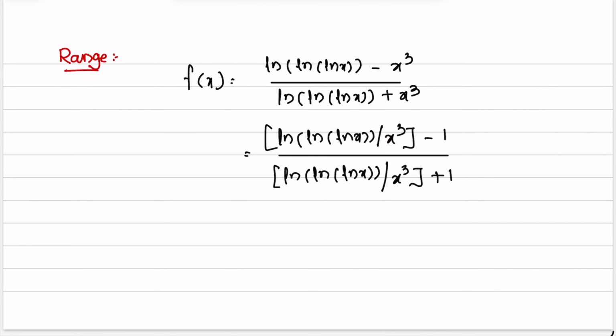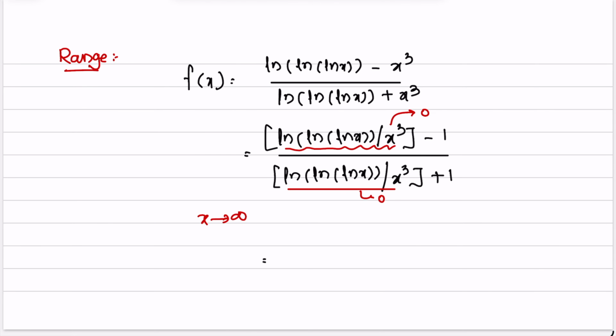If x tends to infinity, this value becomes 0, because x cube increases faster than ln of ln x.